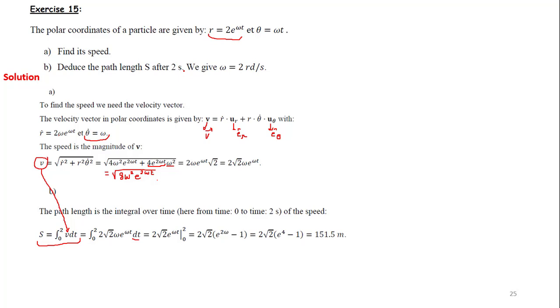But in this exercise we choose to keep this as 2 because this is the last question. If there were any further questions C, D, we should for sure write the path length as a function of t, and then replace t with the numerical value. And finally we find S equal to 151.5 meters. So here the integral is very easy to calculate.